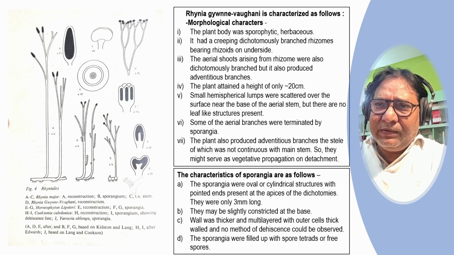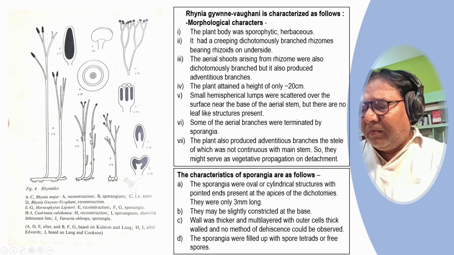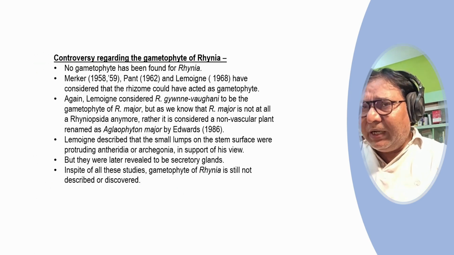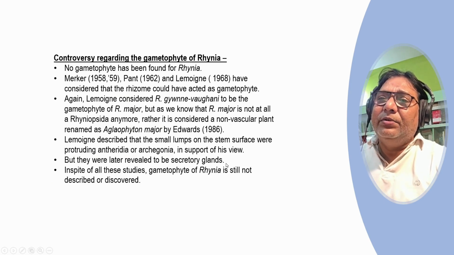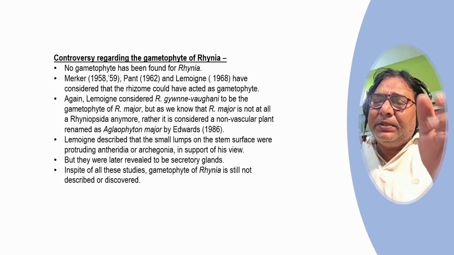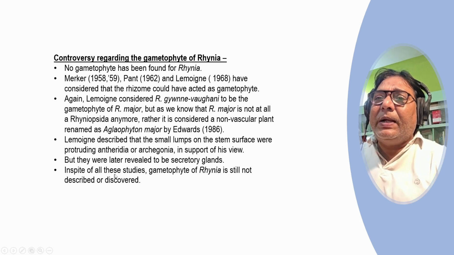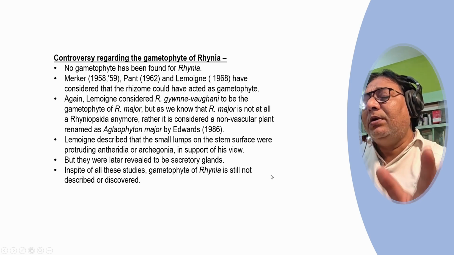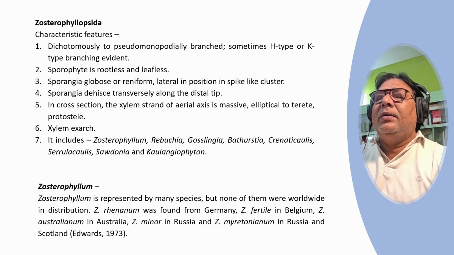So if they were antheridia and archegonia, this was a gametophyte then. But later on it was found that those were actually secretory glands. They were revealed to be secretory glands. They were not antheridia and archegonia. So that particular structure was actually sporophyte. In spite of all these studies, gametophyte of Rhynia is still not described or discovered. So this is the discussion about Rhynia gametophyte.